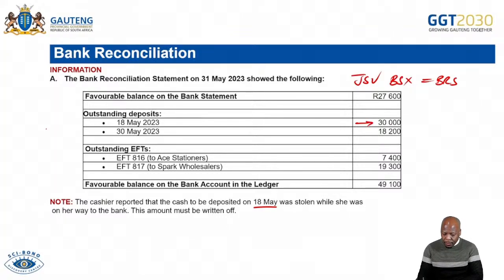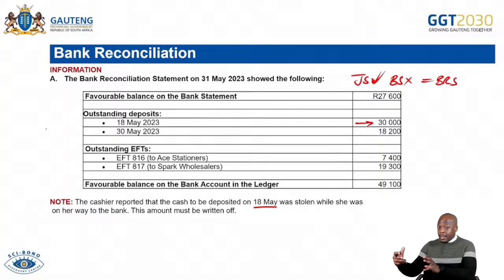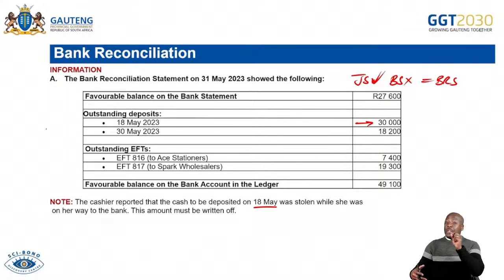So that means that amount was in one of our journals because it was supposed to be in the journals, not on the bank statement, hence it is in the BRs. Which journal had we recorded this particular amount? We'd recorded it in the CRJ because it is a deposit.